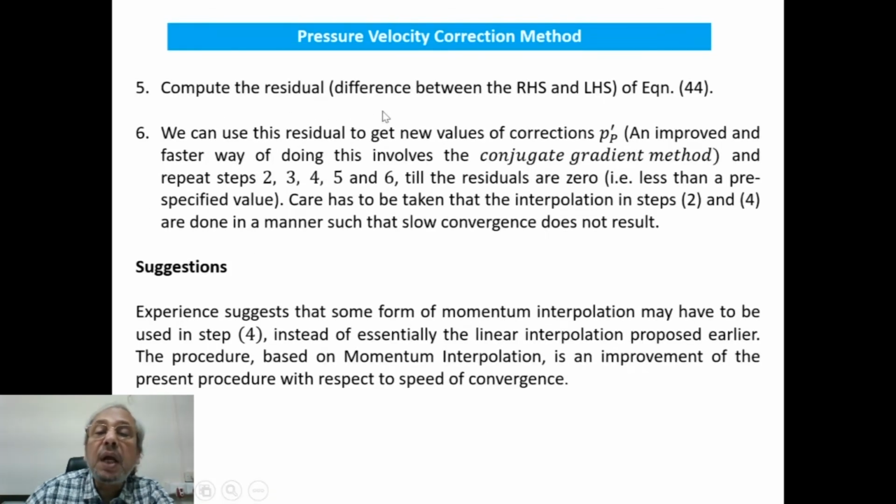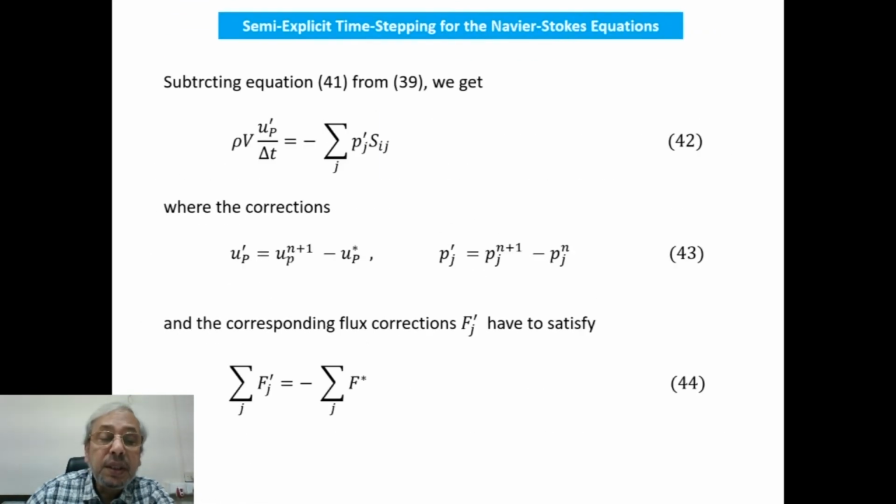Compute the residual, that is basically the difference between these two sides in equation 44. When there will be no velocity correction, obviously the star quantities have reached the n plus 1 quantity.